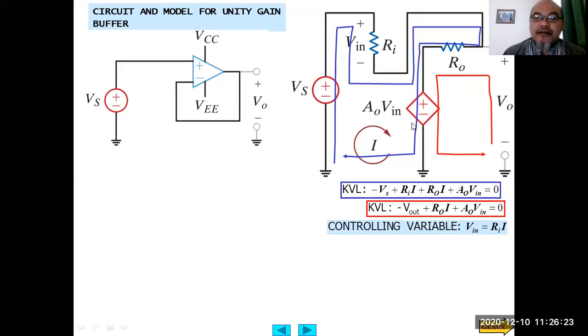The control variable here is that Vin equals I times Ri.